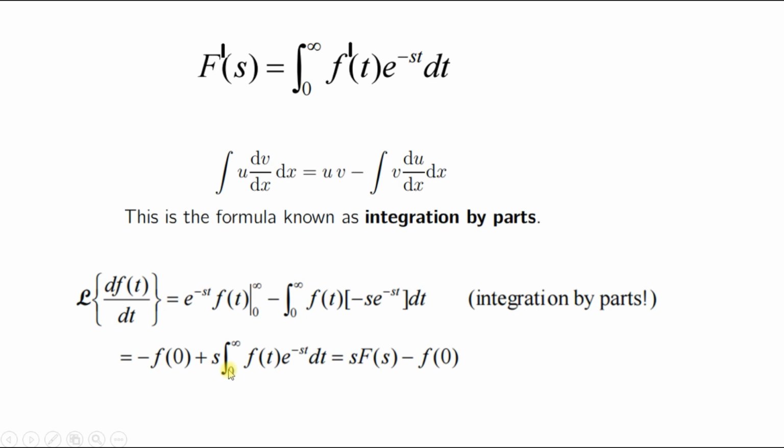Therefore I conclude that the Laplace transform of a differential function is s into f of s minus f of 0. This is for a first order differential equation. If it is a second order differential equation, the formula is s square into f of s minus s into f of 0 minus f dash of 0. This is the formula we use. You studied it in mathematics, so I need not go there.